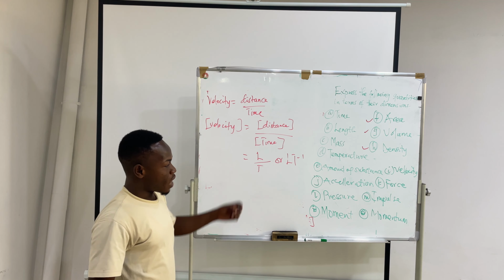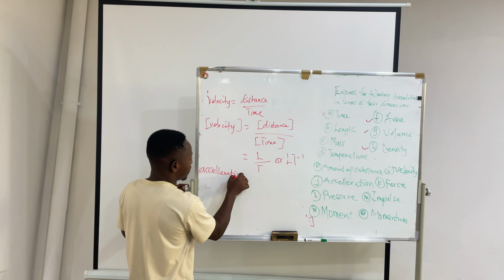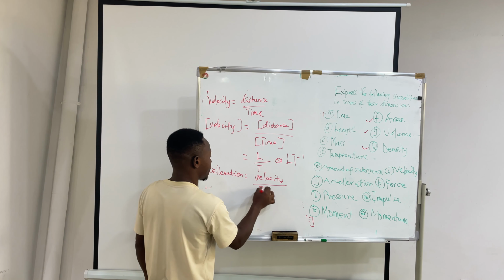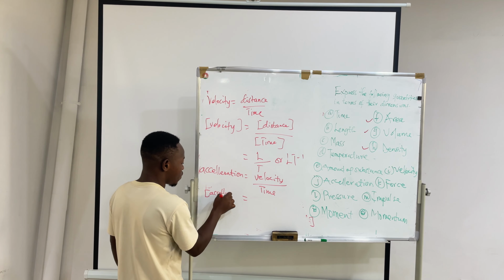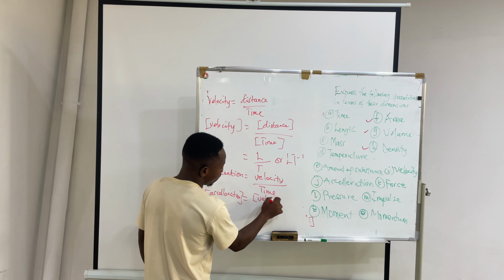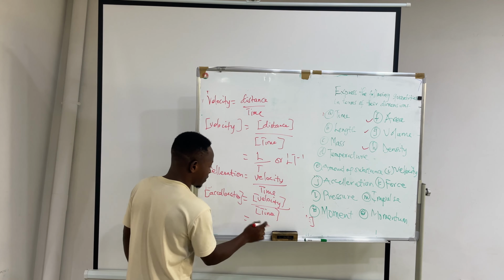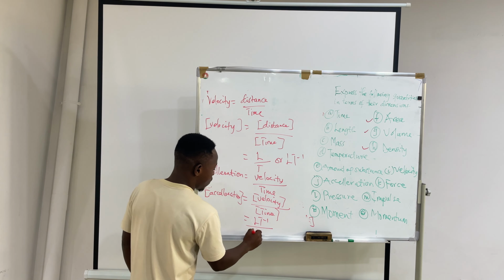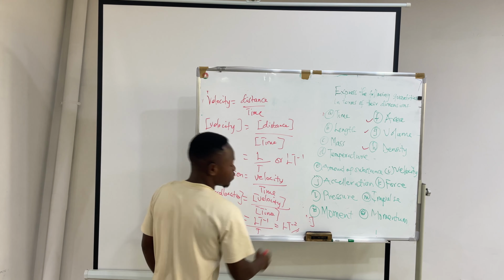Now let's move on to acceleration. Acceleration is velocity over time. So the dimension of acceleration will be the dimension of velocity over the dimension of time. This will give us velocity, which is LT minus 1, all over T. So this is going to be LT minus 2.